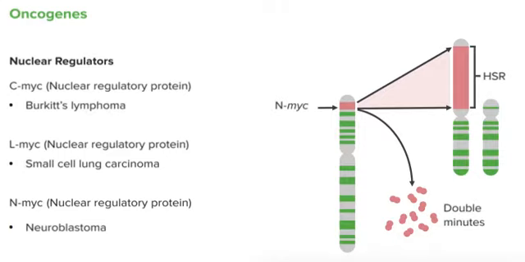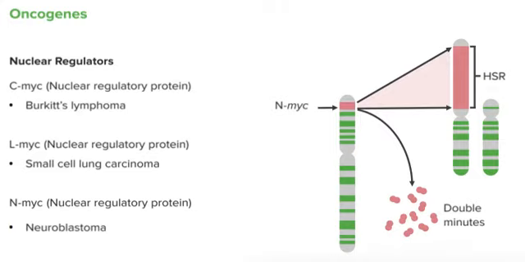Here, we will take a look at the nuclear regulators. We are done in the nucleus. We have C-MYC, and these are working in the nucleus, bringing about Burkitt lymphoma. L as in L-MYC would be for lung, and more so with small cell lung cancer. And then N as in neuroblastoma. Take a look at what happened here.